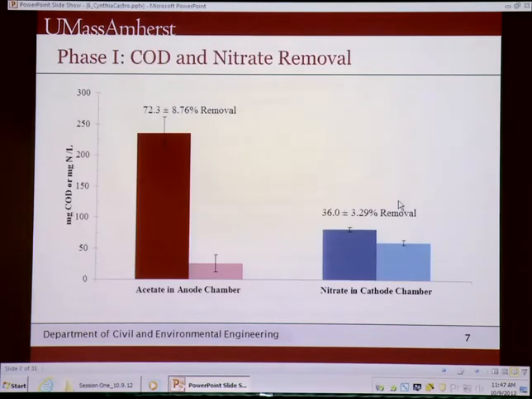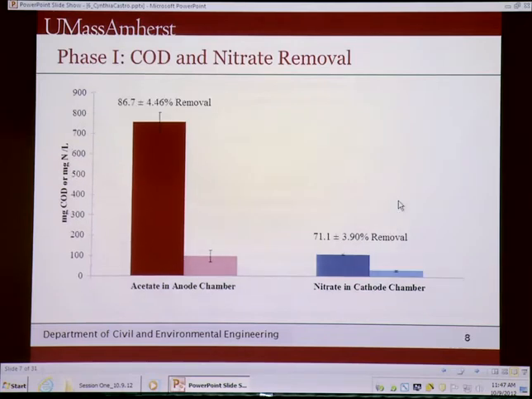So in phase 1, we have COD and nitrate removal occurring. About 72% of the COD was removed, and nitrate was removed at 36%. So we saw that very little nitrate was being removed, and to address this issue, we decided to increase the amount of acetate going into the anode chamber.